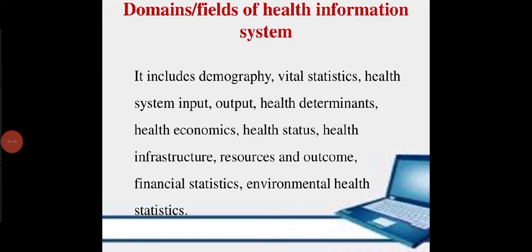So see, in all of this, data analysis comes, statistics comes, and modern technology usage will come in this, and you will analyze whatever data is there and you will present it through graphs or charts. In demography also, even in vital statistics also. So these are the domains which come under the health information system.